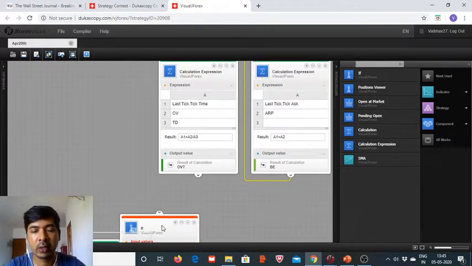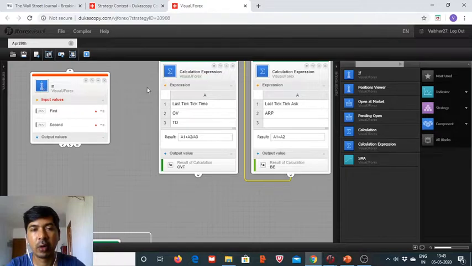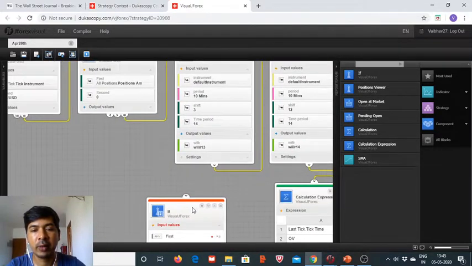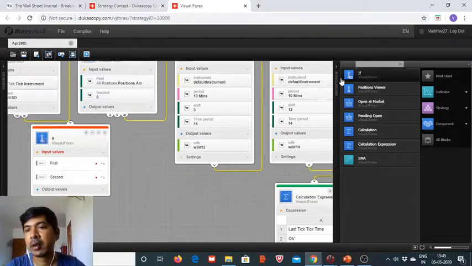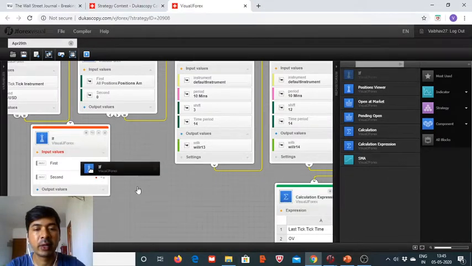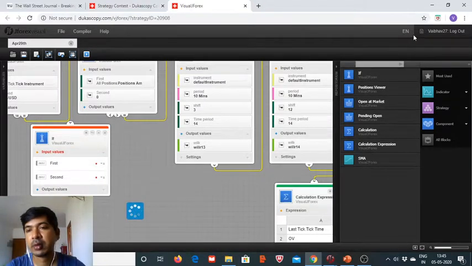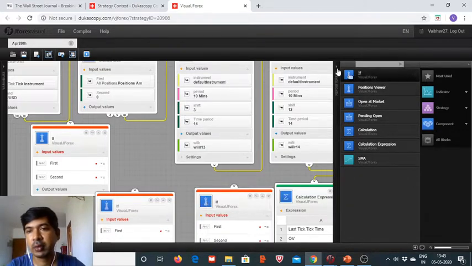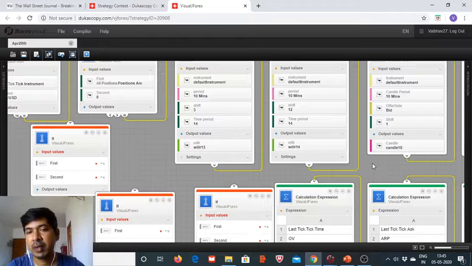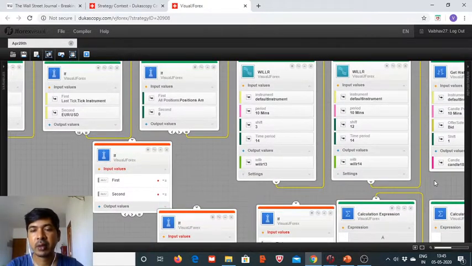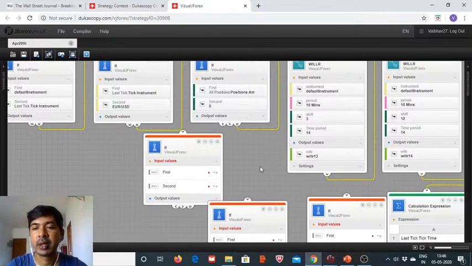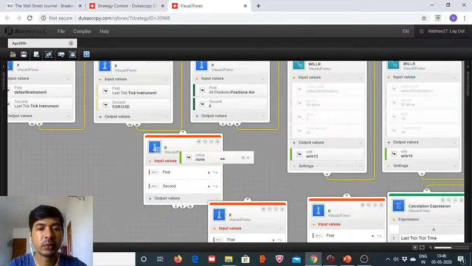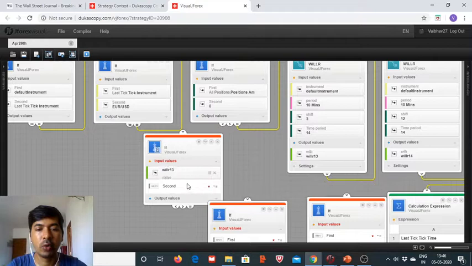We look at the values of the Williams percentage R, and then we will compare it to the prior values. So here we need, on the sell side, the Williams R13 should be below -80.